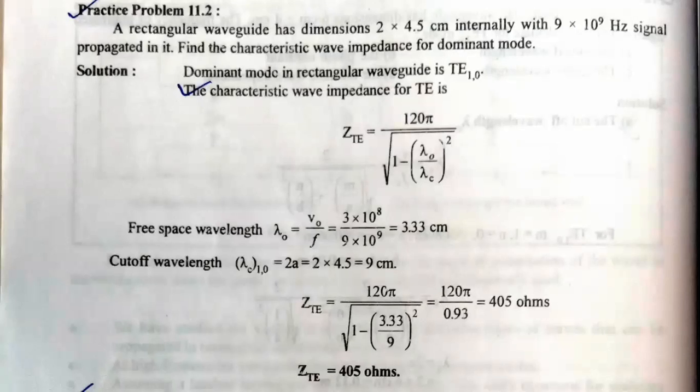Take the next numerical. Previously it was a hollow rectangular waveguide. Here also the rectangular waveguide has dimensions. The parameters, or dimensions, A and B are the dimensions of the rectangular waveguide: 2 into 4.5 centimeter internally.